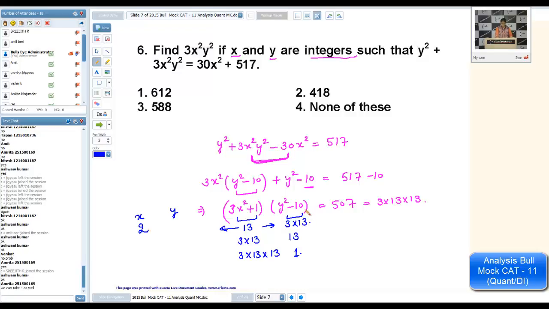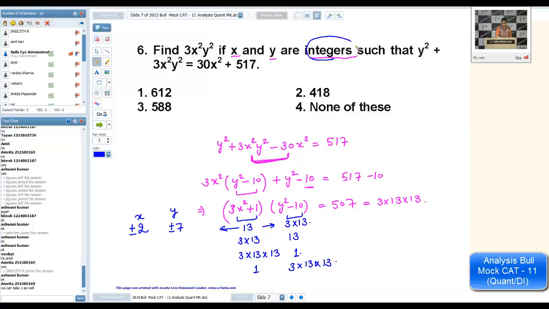Are you getting me? Yes, Amrita, we can take 1 as well. X's value comes out to be plus minus 2, and correspondingly we can find y's value, which comes out to be plus minus 7.